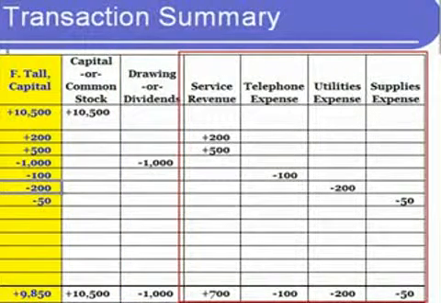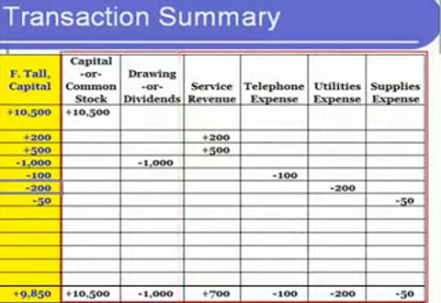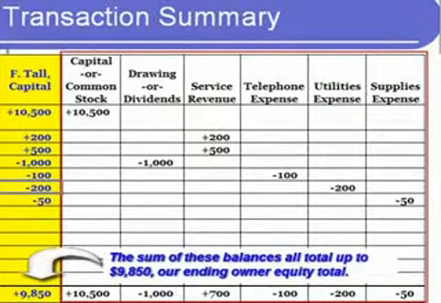If we had used these accounts in our problem, our owner equity accounts would appear as shown here, and we would have separate balances in each of them. These individual balances all add up to the ending owner equity for our business, though, and that's the $9,850.